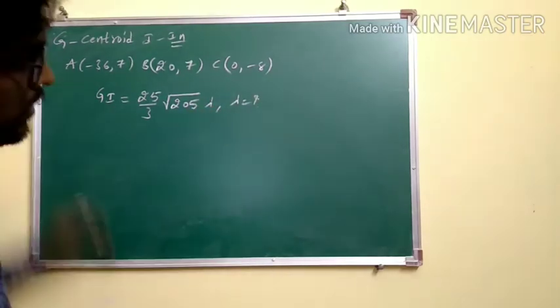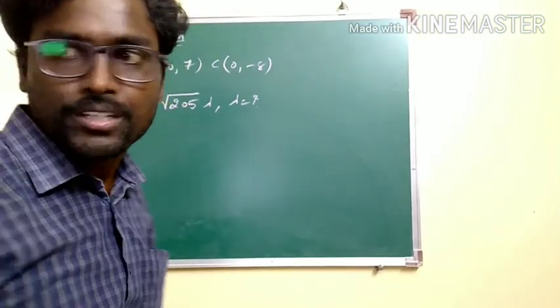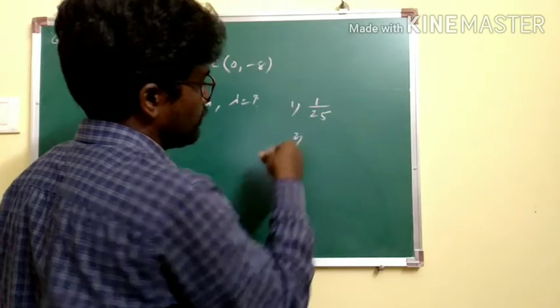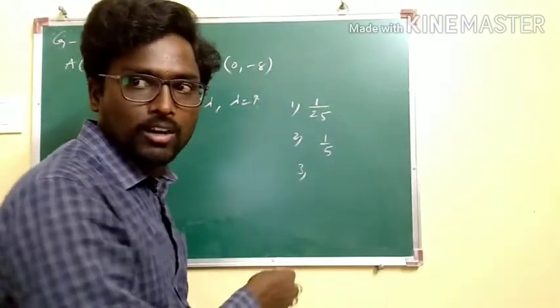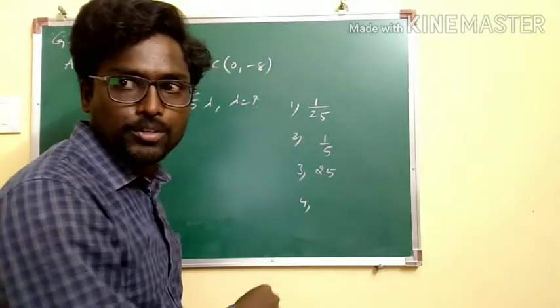Therefore lambda is equal to, here we have the options. Option 1: 1 by 25, option 2: 1 by 5, option 3: 25, option 4: 5.